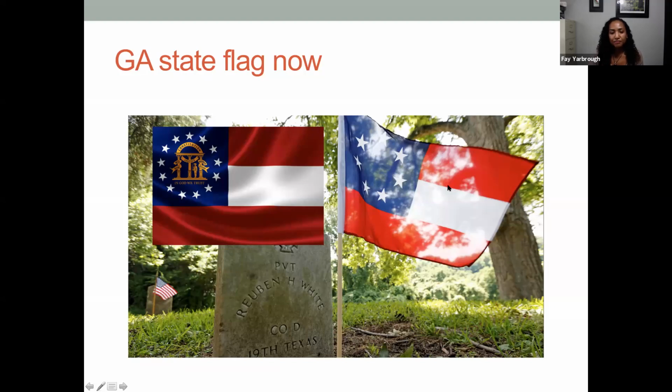And I put them out for you so that you can think about how we sometimes focus on one particular symbol to represent the Civil War and the Confederate States of America. But in focusing on that, we lose sight of the fact that there are other symbols and the other symbols are being deployed. And so I firmly believe that when the state of Georgia adopted this state flag, they know that it has this connection to this older Confederate national flag.